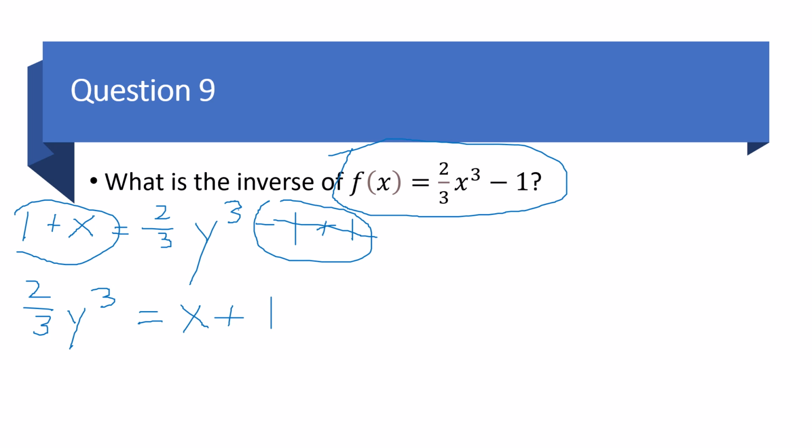All right, now I'm going to multiply by 3 over 2. So we've got to multiply all of that by 3 over 2. So this cancels out, and we have y to the third equals 3/2 x. Let me just go ahead and write it like this. 3 times x plus 1 over 2.